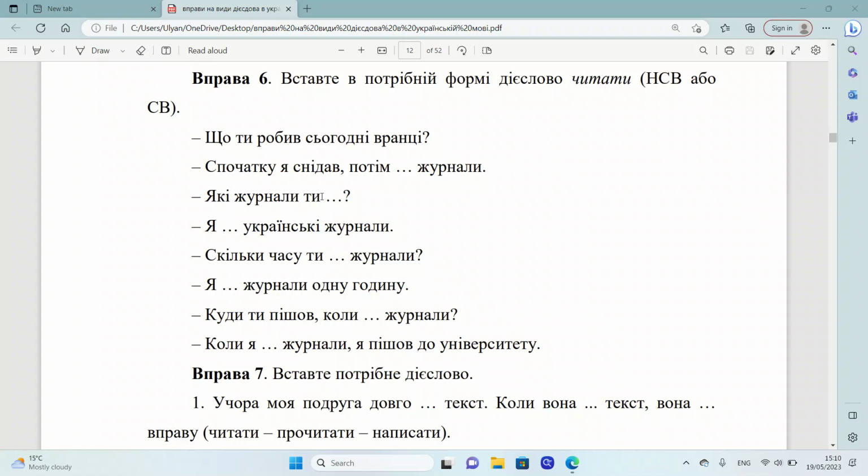Які журнали ти? To give you a moment to think. So which magazine did you read? То які журнали ти читав? Because it's very general.